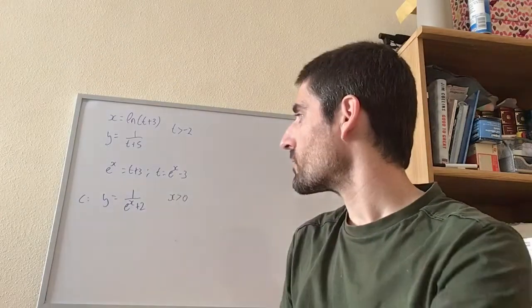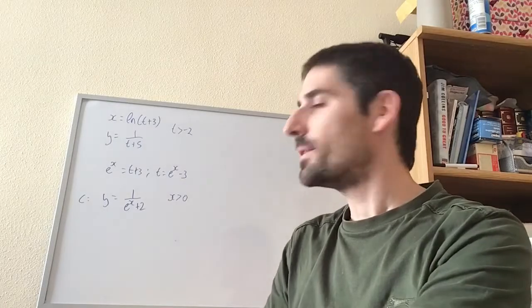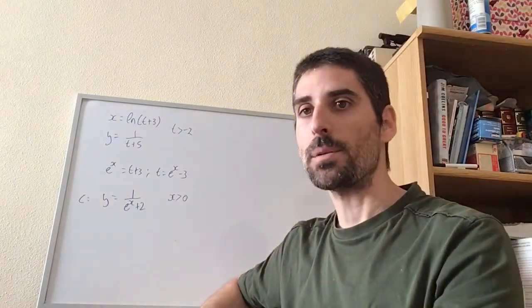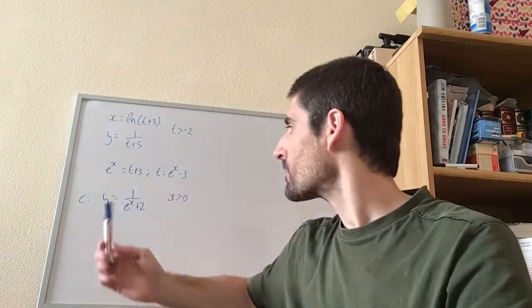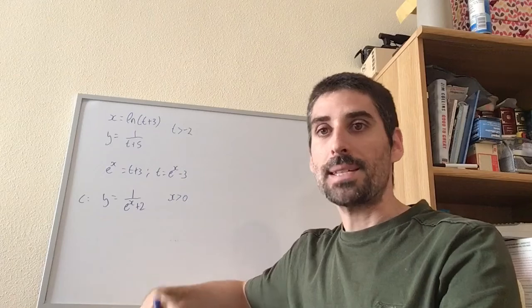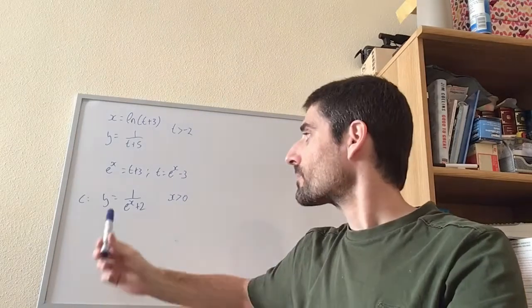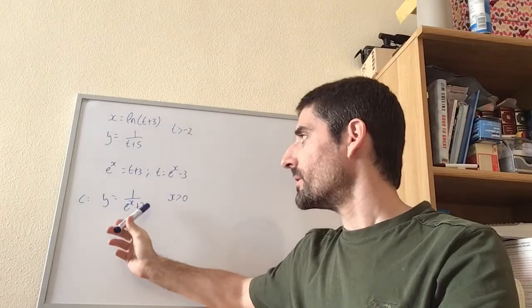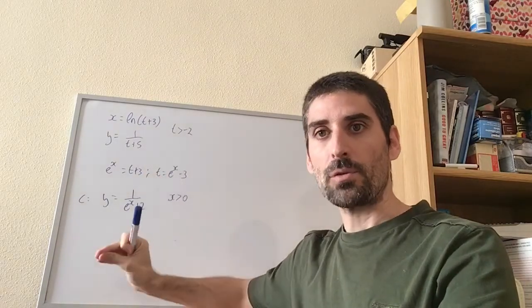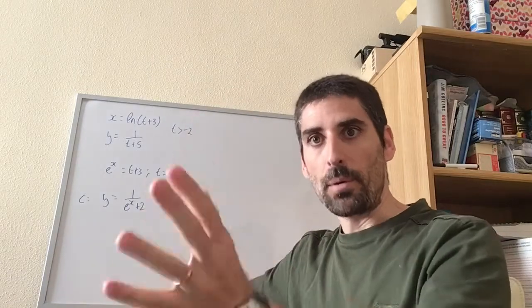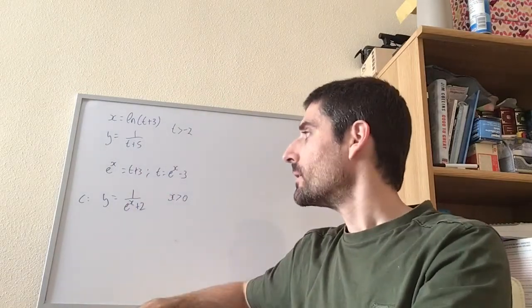And now I need to look at the range. What's going to be the range of the Cartesian equation? Well, let's think about it for a second. As x has to be greater than 0, as x goes to infinity, 1 over e to the x plus 2 is just going to collapse to 0. So 0 is going to be one of the bounds of my range.